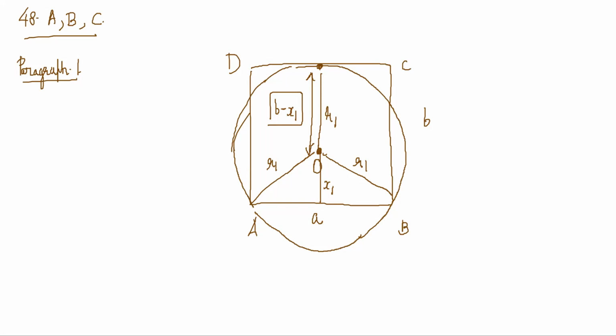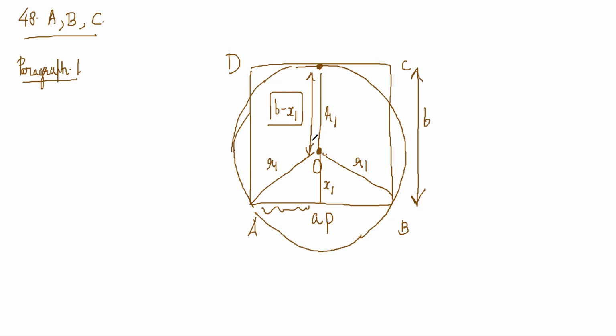Okay, let's say this meets it at some point P. Why should b minus x1 be equal to r? No, because this b is minus... isn't that r only?